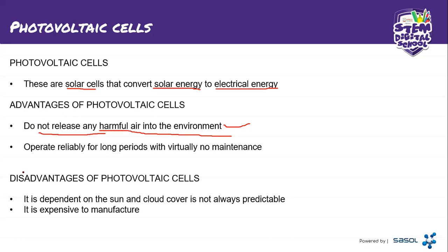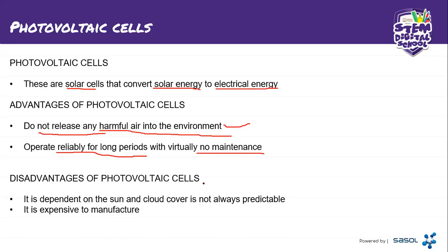And again, these solar panels operate reliably. They work reliably for a long period of time, and they do not require any maintenance, or with very little maintenance after a very long time.